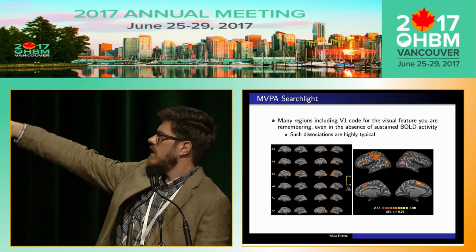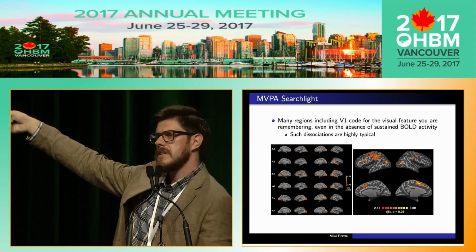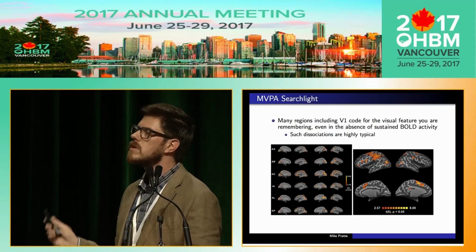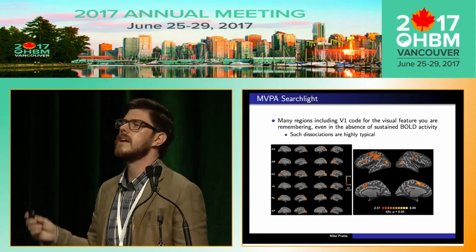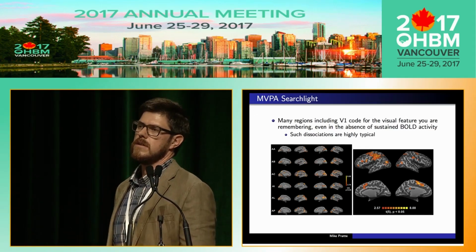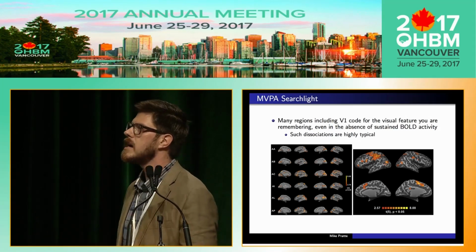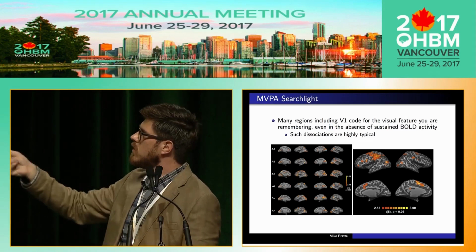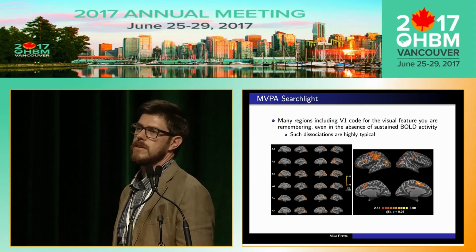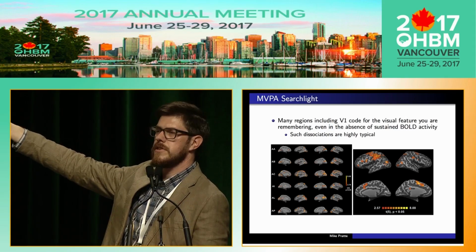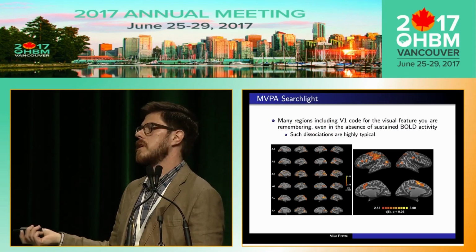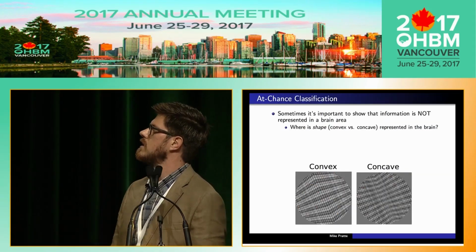And you get activity in IPS and PFC in various regions, but it's a really different profile than when you ask the different question of where can I decode what someone's thinking. So these are two different types of information. The mean BOLD signal mirrors what they find in neurophysiology. There's no mean BOLD uptick in early visual areas like V1, but we can tell what you're thinking. It's really kind of neat.